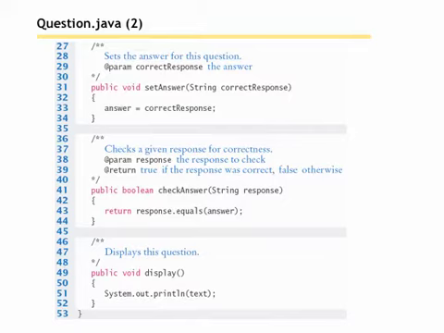Notice that it says response.equals(answer), so we are checking what the user passed in against the instance field answer. And remember that equals returns a true or a false. The equals method returns a true or false at line 43. So that method checkAnswer returns a boolean. It either is correct or it is not. And finally at line 49, public void display, we have a display method that just displays the question.